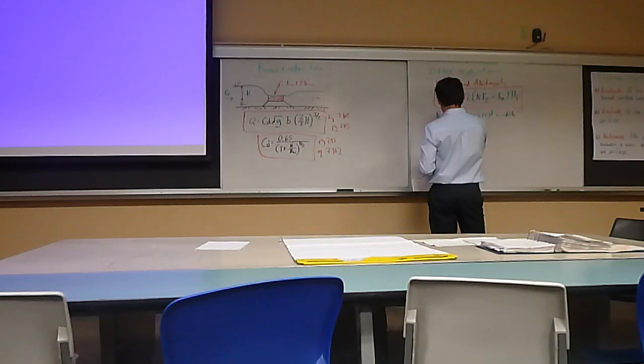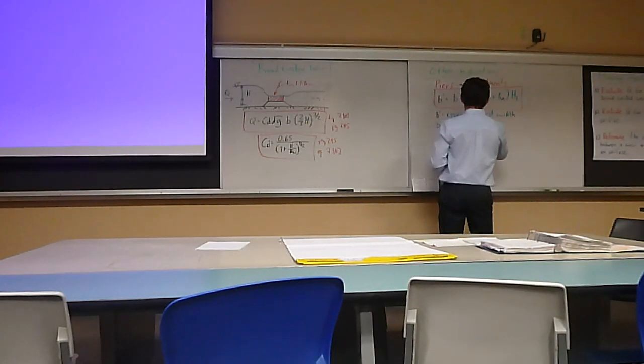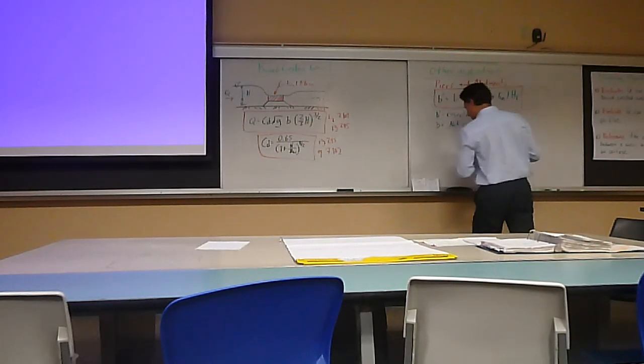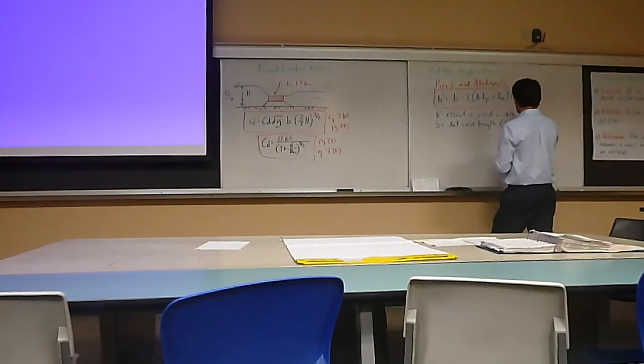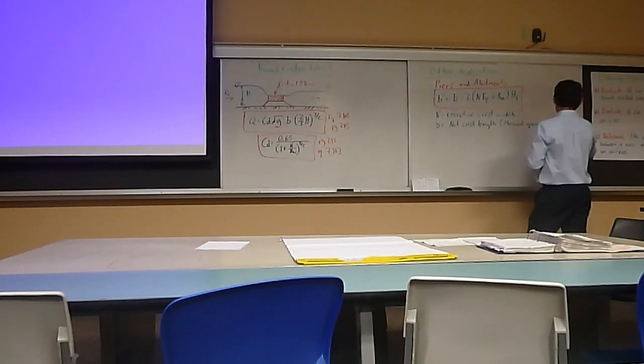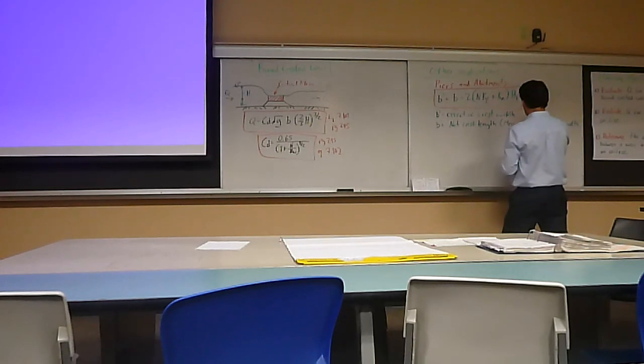So B in this equation is going to be the net crest length. So to make sure to do this, this is going to be your measured opening minus the width of your piers.